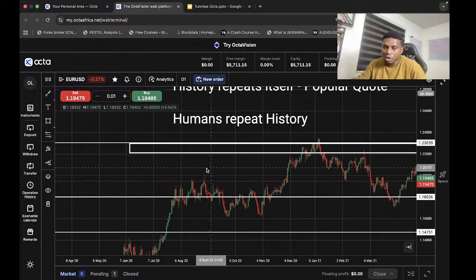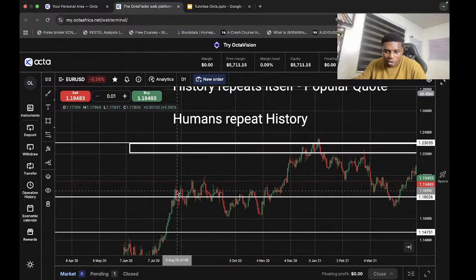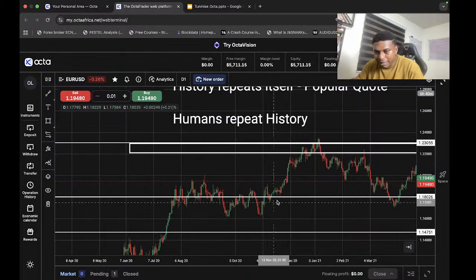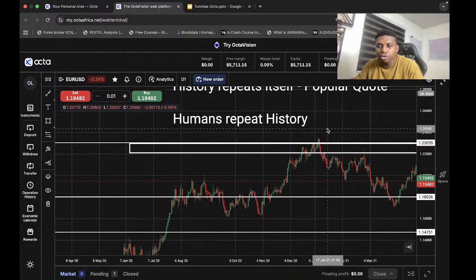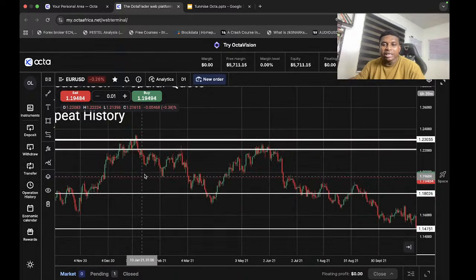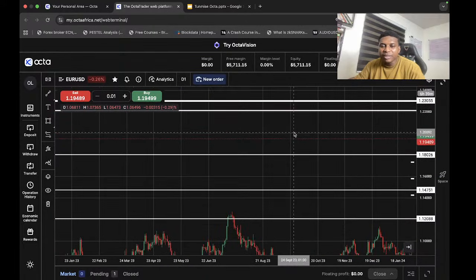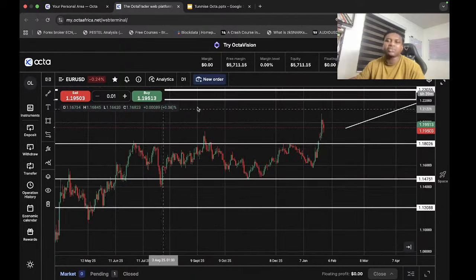A long time ago, there was a price footprint where price consolidated at the 1.1802 price level, a breakout happened, a pullback occurred, and price went ahead to touch the 1.23055 price level. Now, are humans trying to repeat history now that we are in 2026?